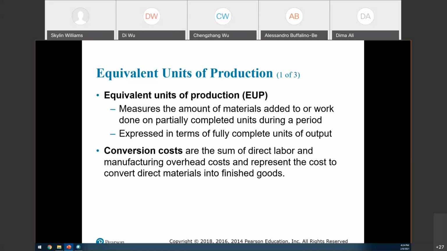And also, the equivalent units of products can be different for direct materials and conversion costs. And it is calculated separately.